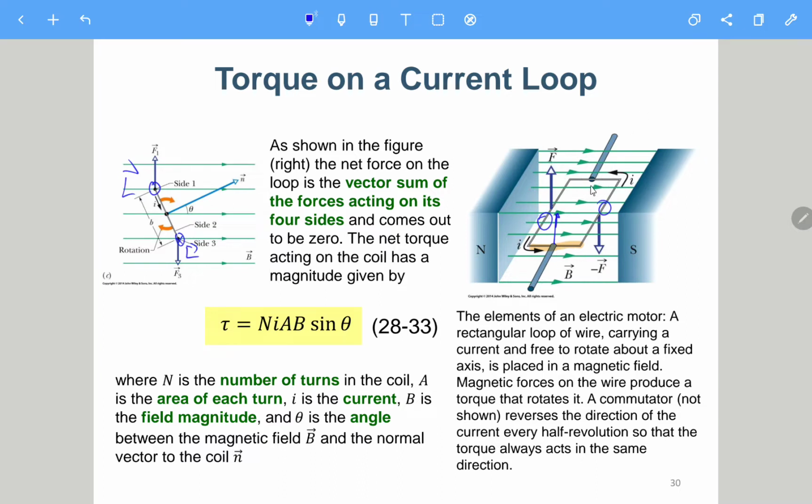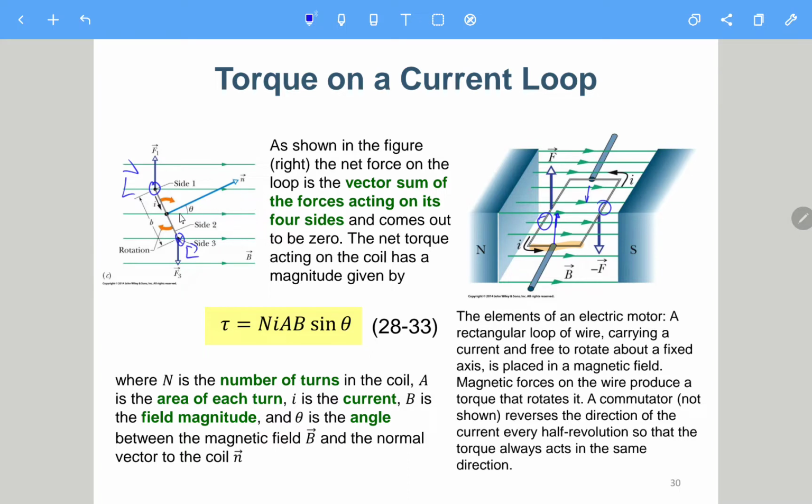Similar for that one. So this is just a normal force acting on this loop.